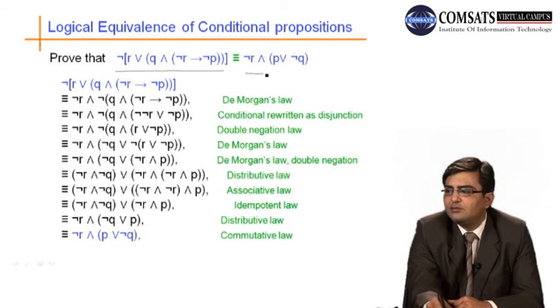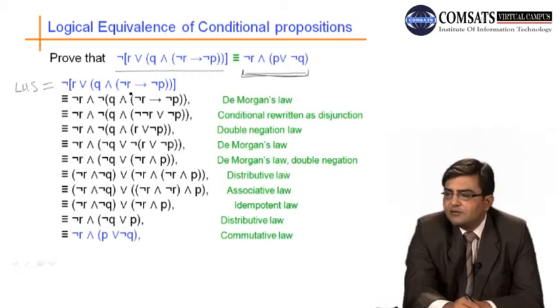We prove them the same way. So we take the left hand side, and we shall prove this compound proposition to be logically equivalent to the right hand side compound proposition.